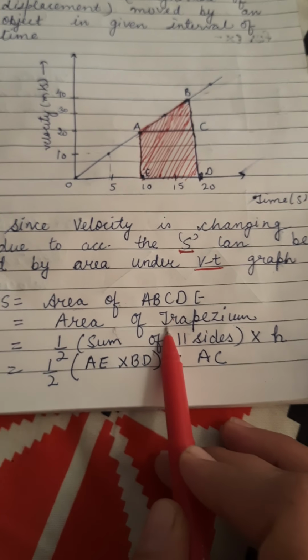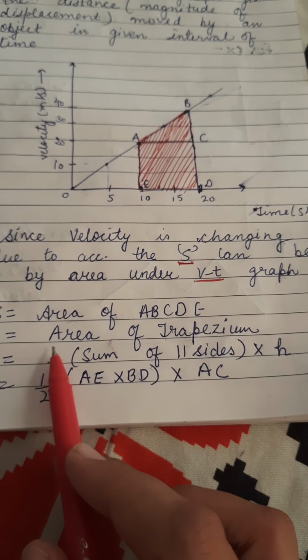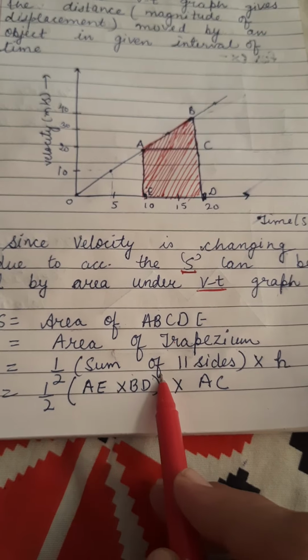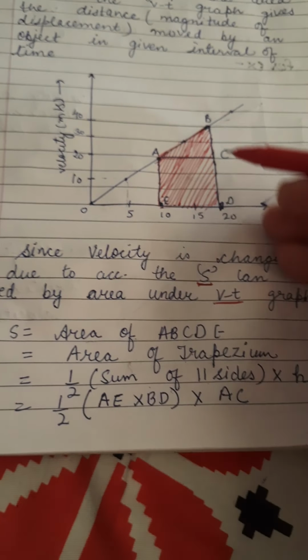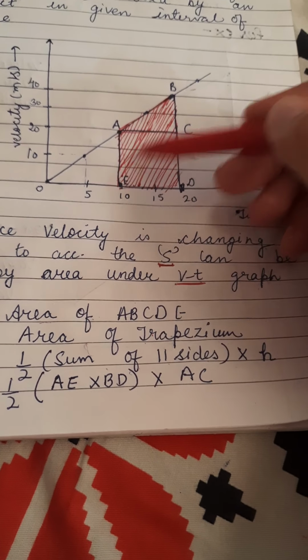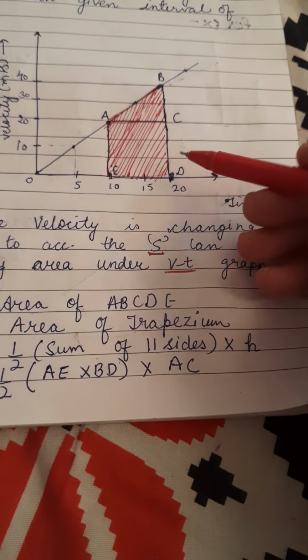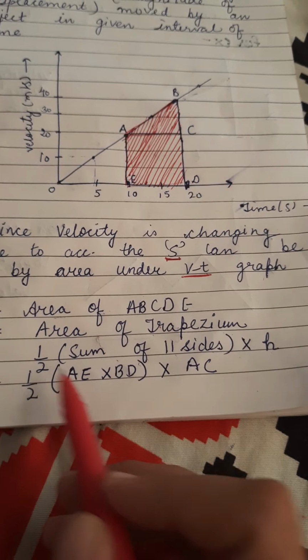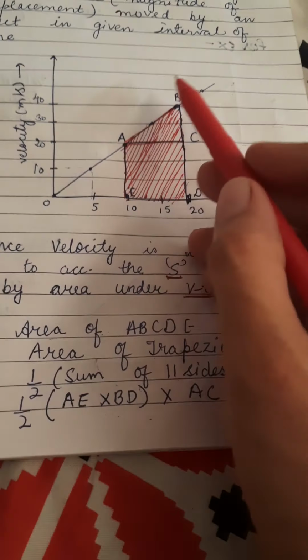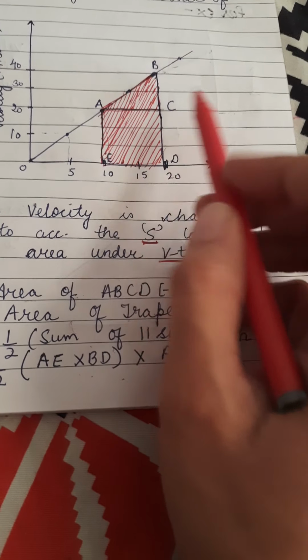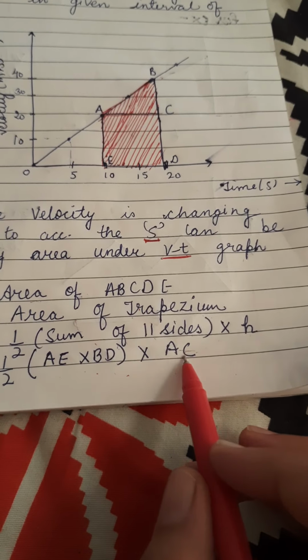A trapezium has the formula: half the sum of parallel sides into height. The parallel sides AE and BD are parallel, so half of (AE plus BD) into the height. And what is the height of the trapezium? It is AC. Okay?